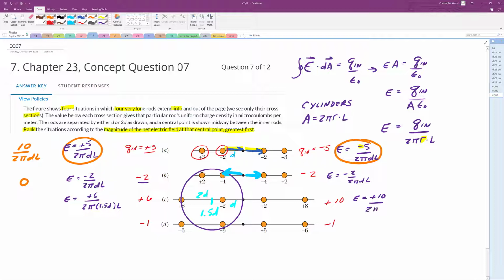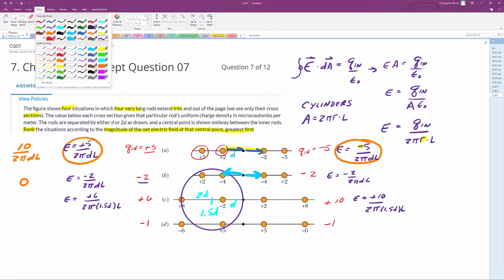So this would be 2 pi 1.5D times L. So I have to worry about direction.